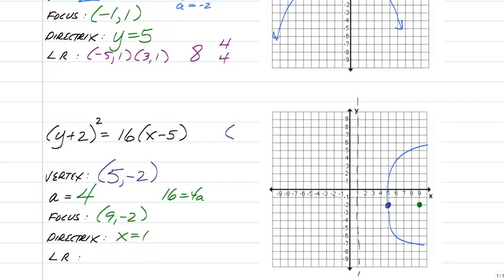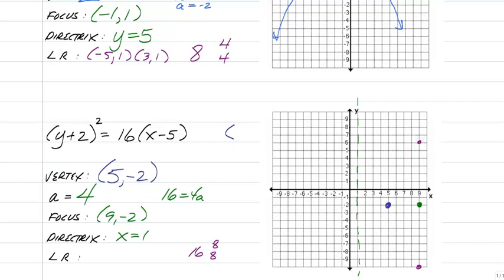Now to help us graph, we have to go find our latus rectum points. Remember, the width at the focus is 16, which means we split that into 8 and 8. So we have to go 8 below at the focus, and we have to go 8 above at the focus.